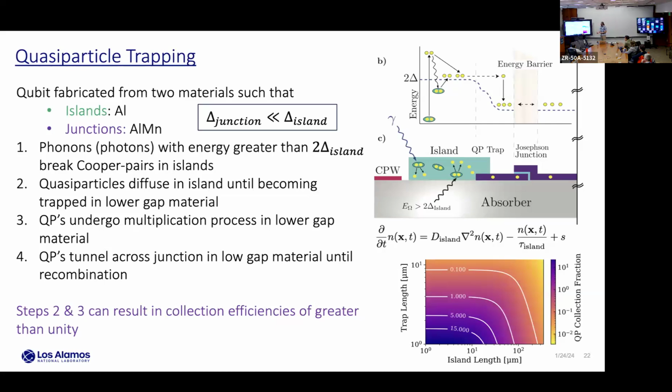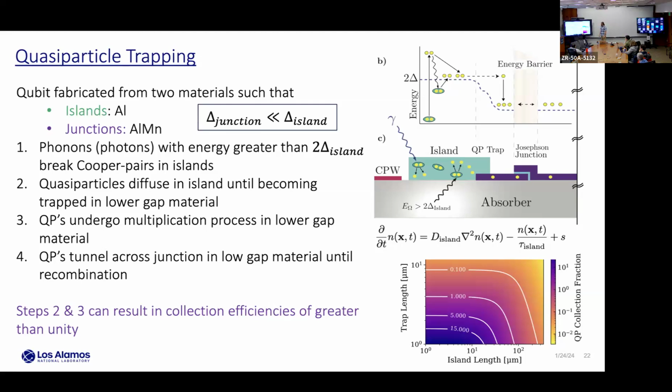So this quasi-particle trapping is something that was pioneered by SuperCDMS. A lot of that work was done right down the hill at Berkeley. The idea is if you have two different superconductors of very different superconducting temperatures, they should have a large difference in their superconducting band gap, which is the energy required to break apart that Cooper pair into its constituent quasi-particles.